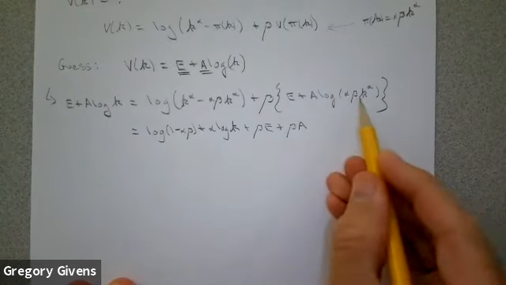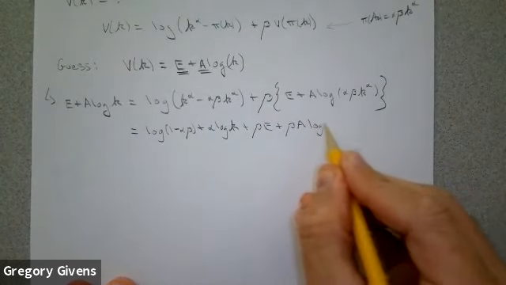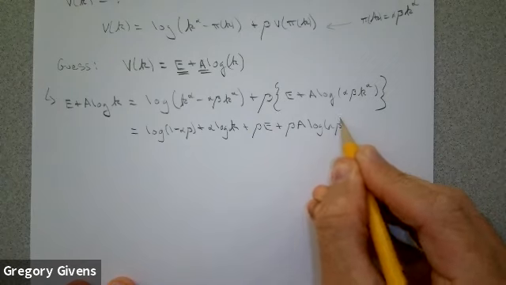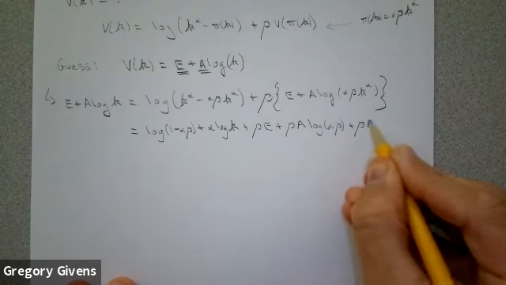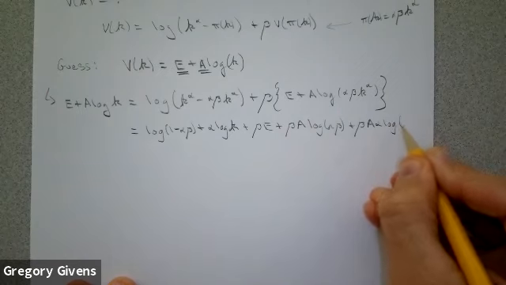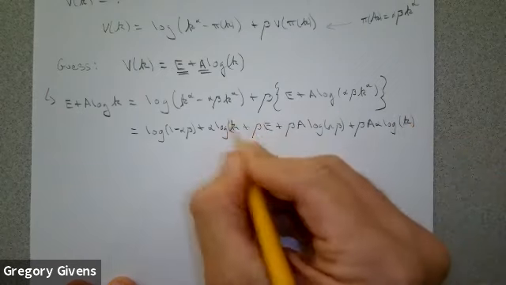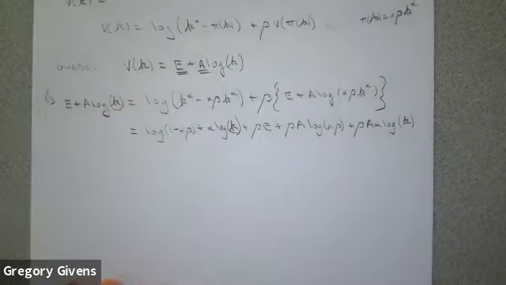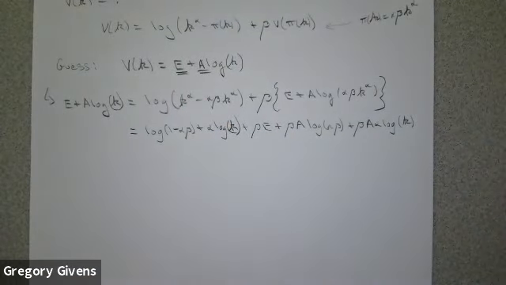Break this log expression between the log of alpha beta and alpha log k. See how that works?